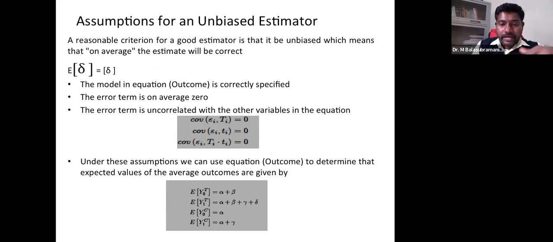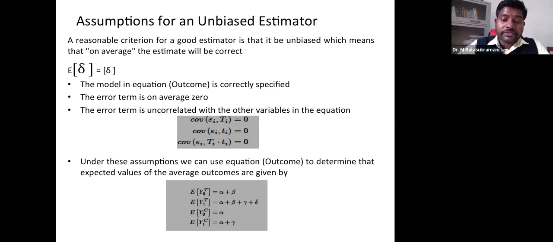The expected value of y0c is our basic counterfactual. Taking the error term as 0, it gives only the alpha value. Applying the above assumptions, after treatment the expected mean value of the control group is alpha plus the time trend, because there is no technological intervention.